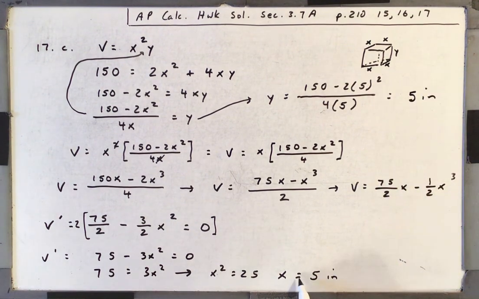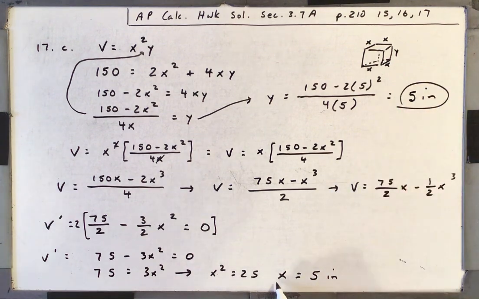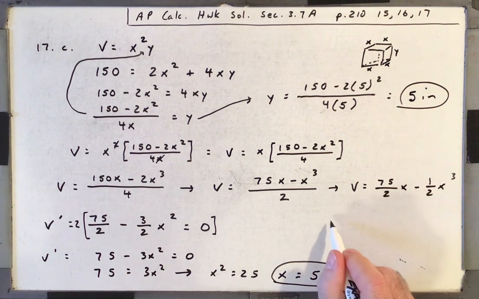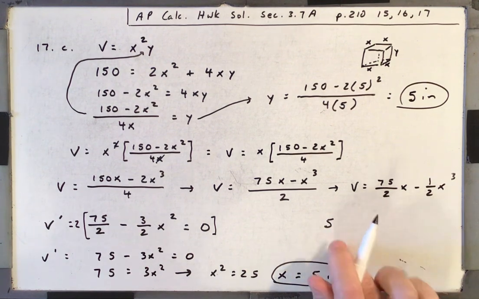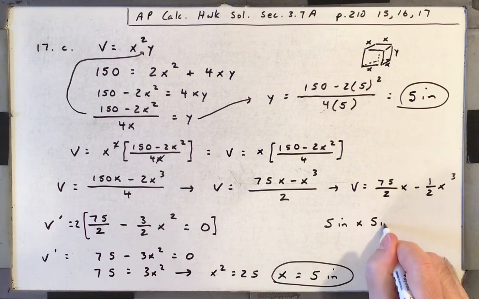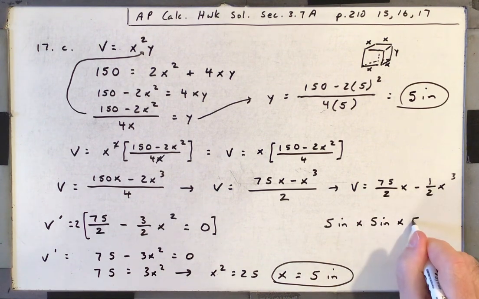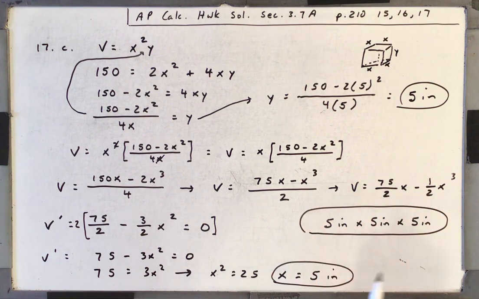So the dimension is y is 5 inches. x is 5 inches. So the maximum volume is 5 times 5 times 5, which I believe was our cube. So the maximum volume for a rectangular solid is you need to make it into a cube.